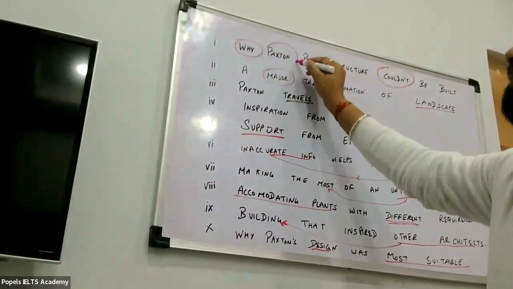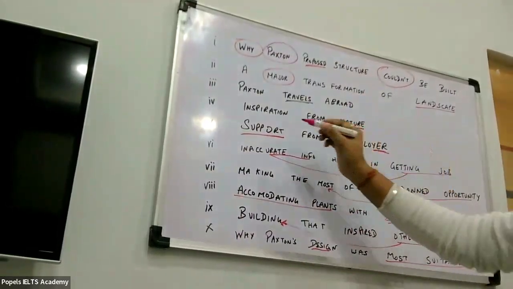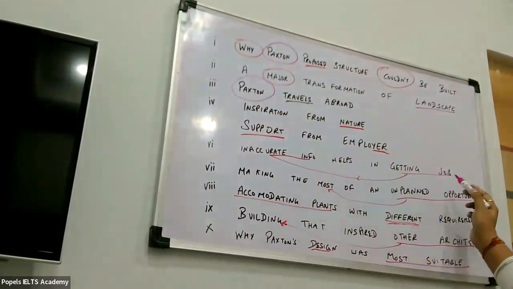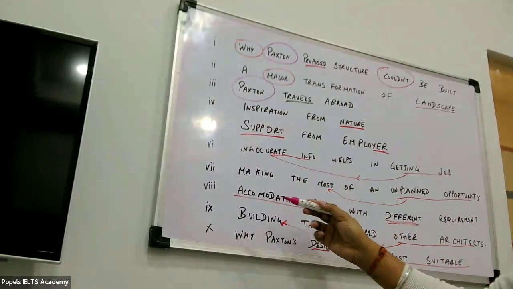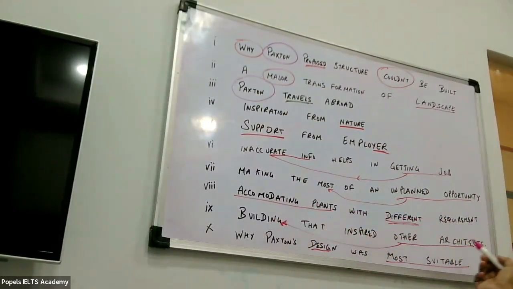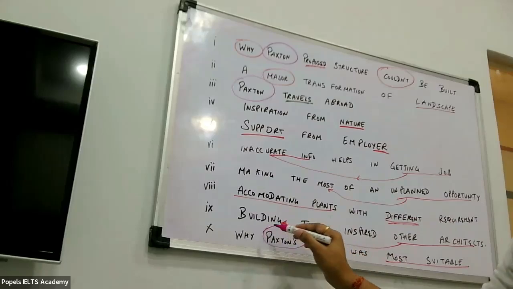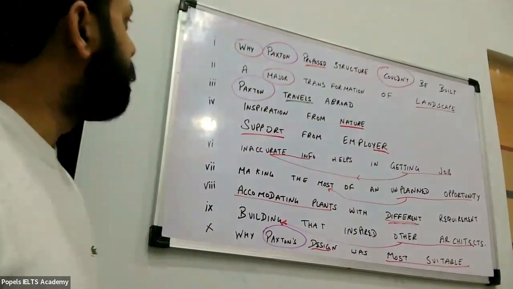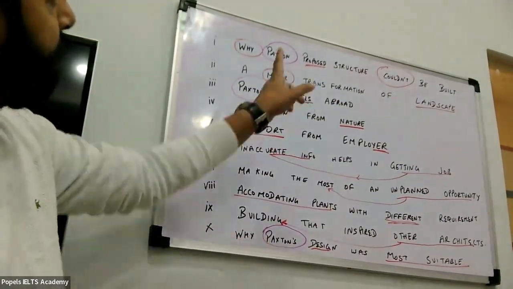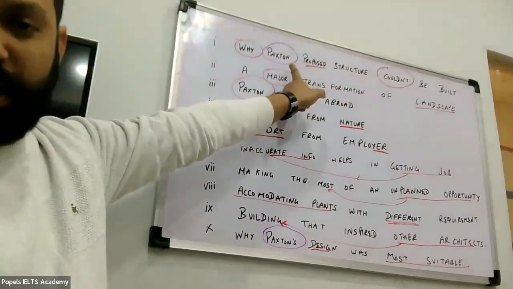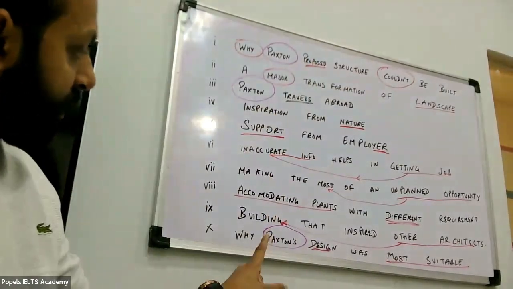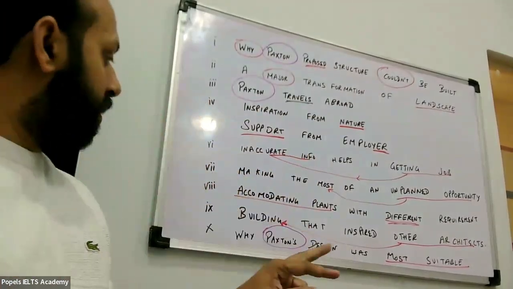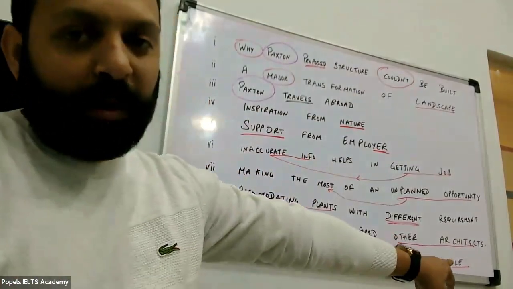Here I can see Paxton. Then Paxton. And last line. My 3 questions are directly related to Paxton. And those keywords are rejection of Paxton's structure, and 2 very relevant in an indirect manner: Paxton design was more suitable.